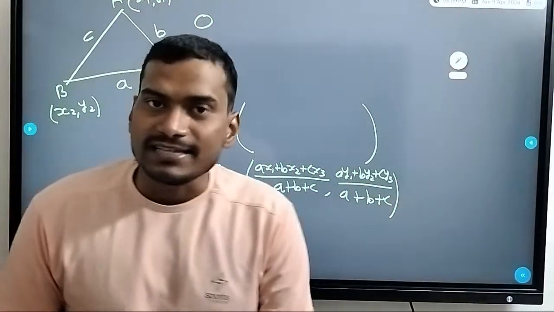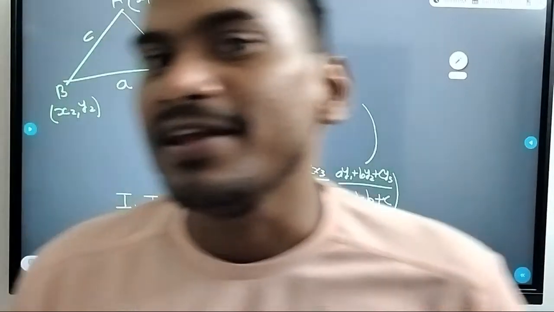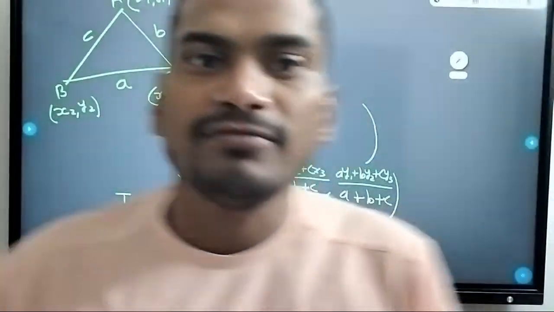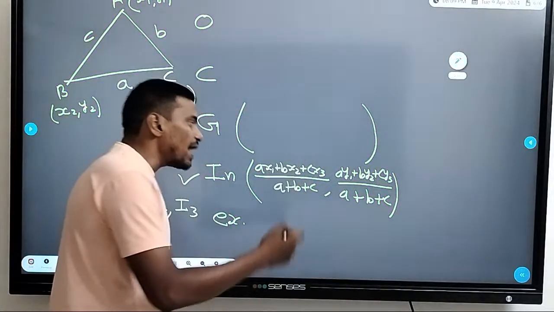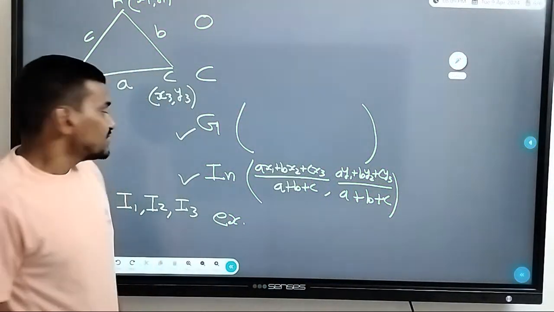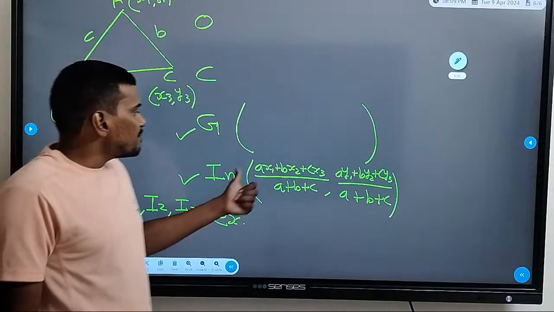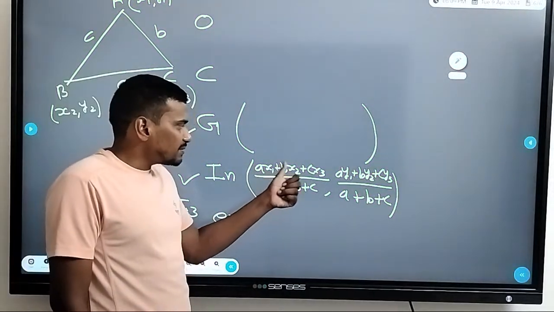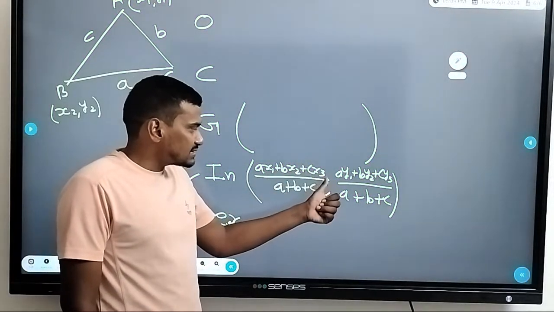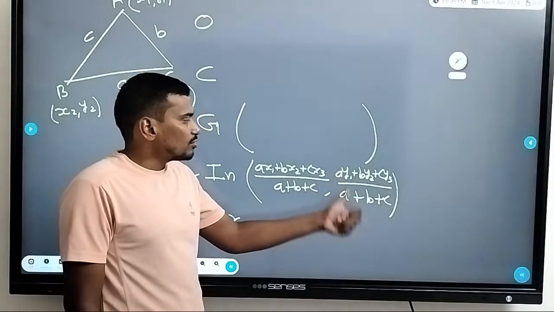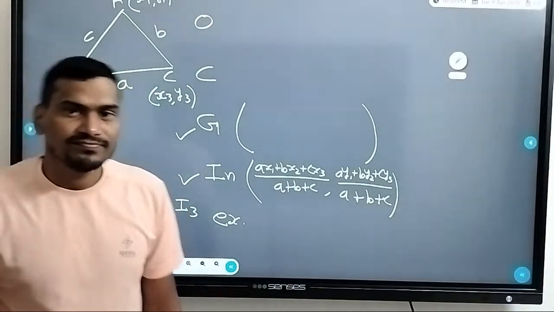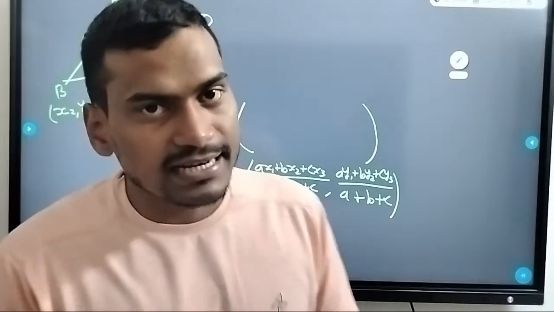So see, it is very simple. If we are going to find I1, just replace A by minus A. So I1 will be minus A x1 plus B x2 plus C x3 divided by minus A plus B plus C, and here also minus. Simple, easy, clear.